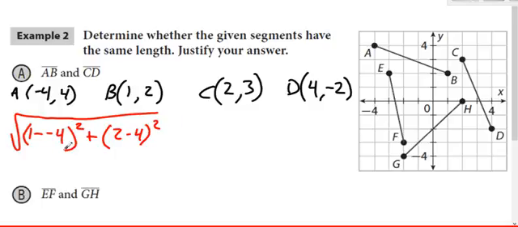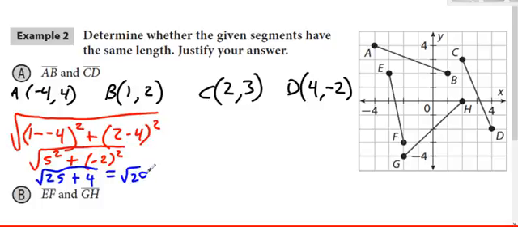So 1 minus negative 4, that's 5 squared. And then 2 minus 4 is negative 2 squared. So that's 25 plus negative 2 squared is 4, positive 4. So that's the square root of 29 when you add it up.